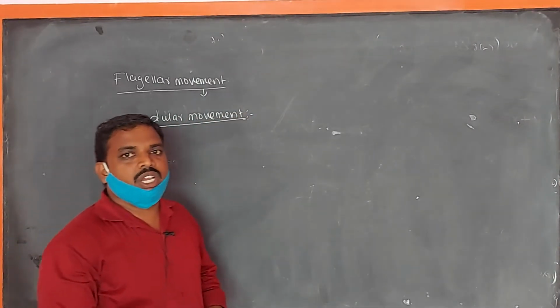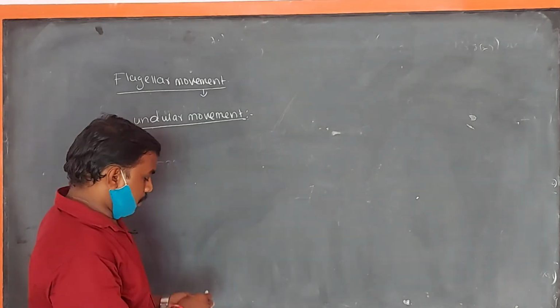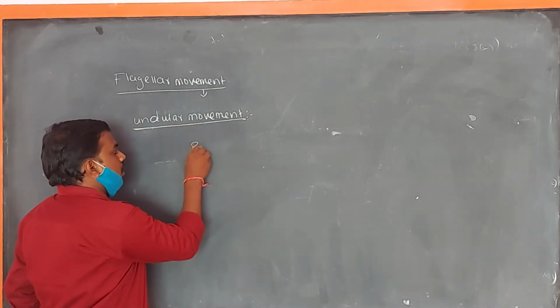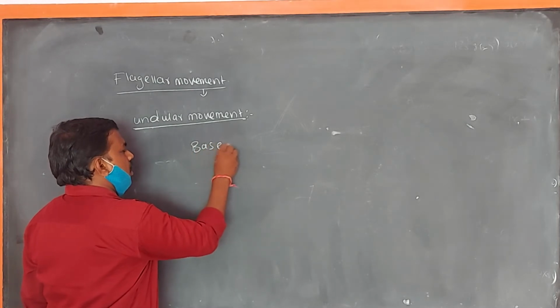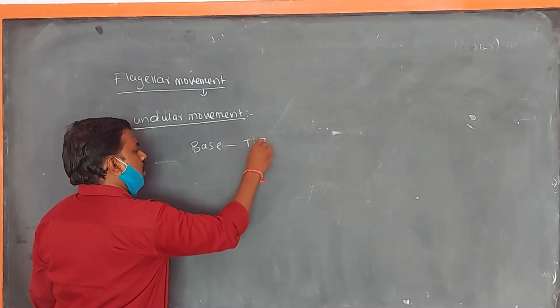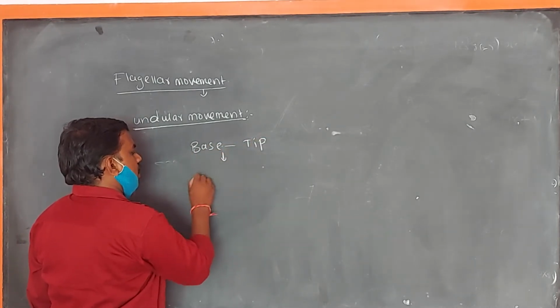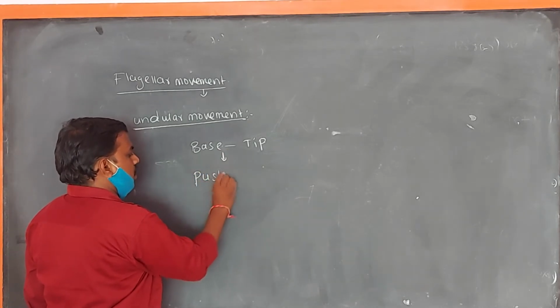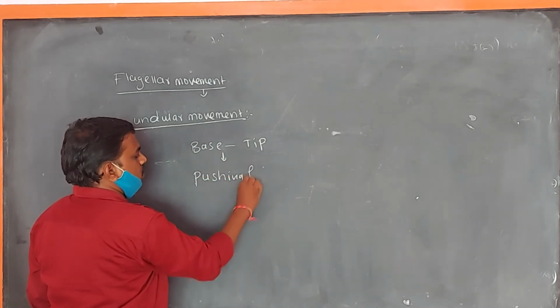The undulation which occurs from base to the tip is also called the pushing force.